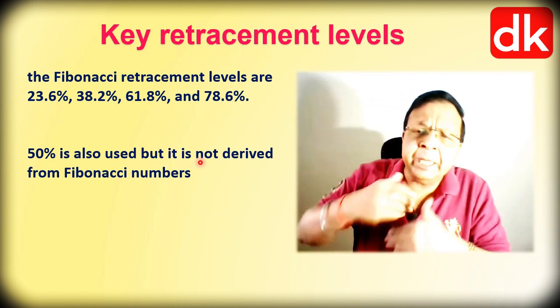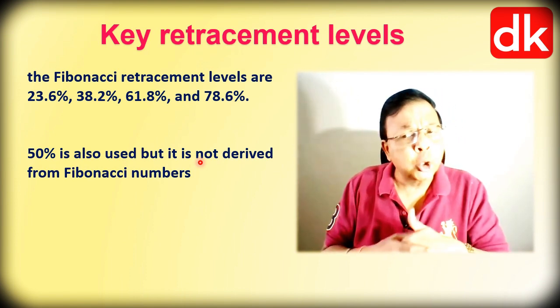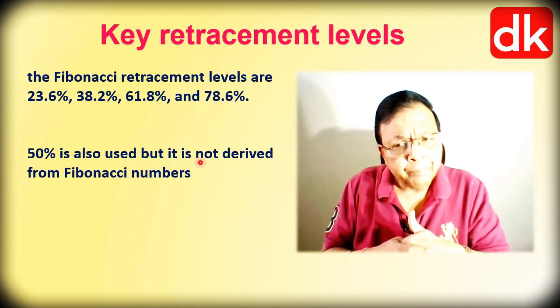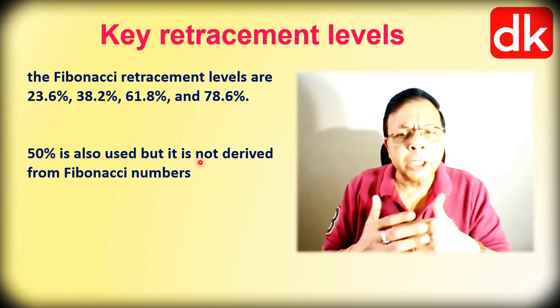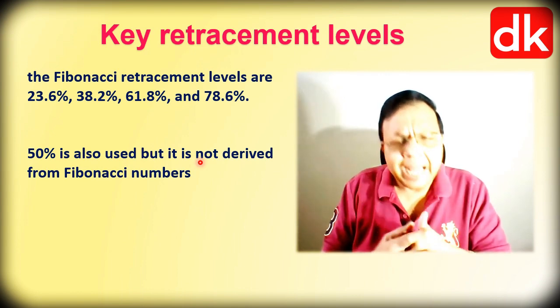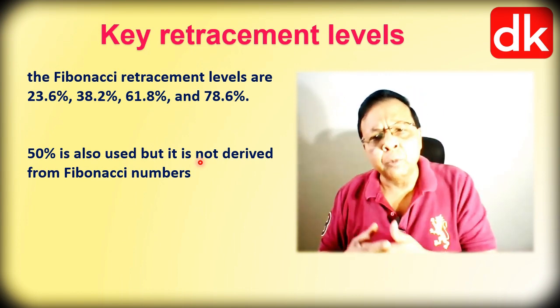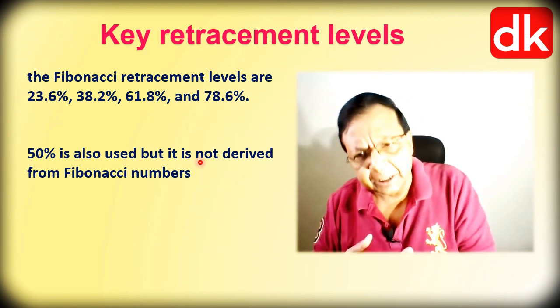Whenever a still deeper correction takes place, the 78.6% level also plays a significant role. But normally the healthy correction halts at the golden ratio, that is 61.8%, and a shallow correction would normally be limited to a range of 38.2% to 50%.